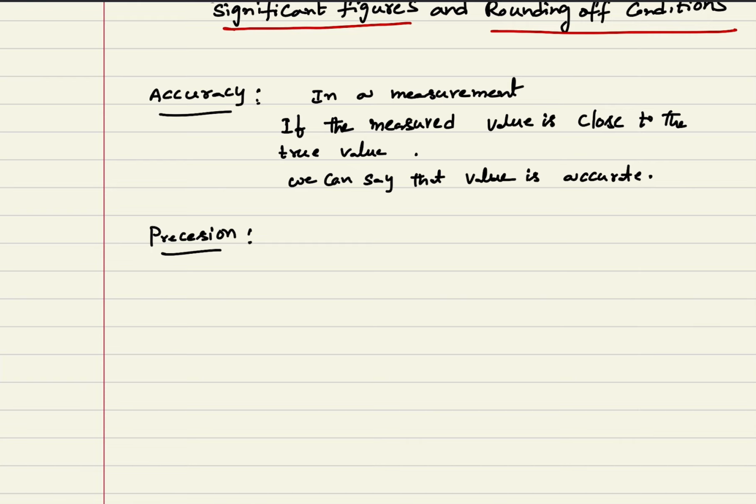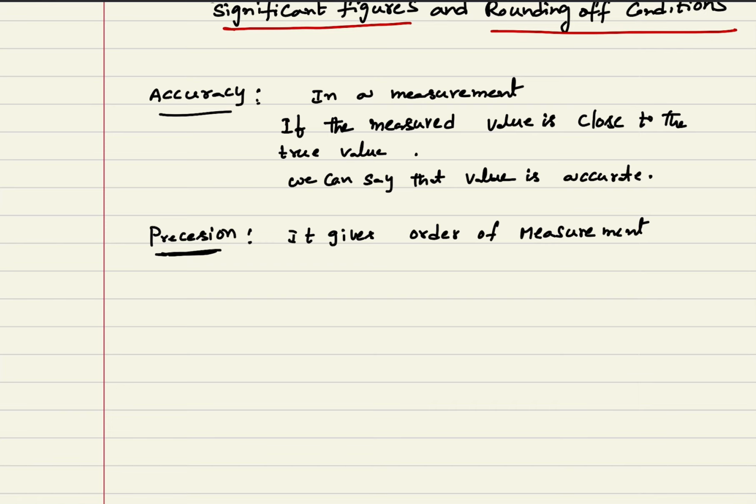Similarly, precision. What is the meaning of precision? Precision gives the order of measurement. If any value is there that we are measuring, we can measure with different instruments.